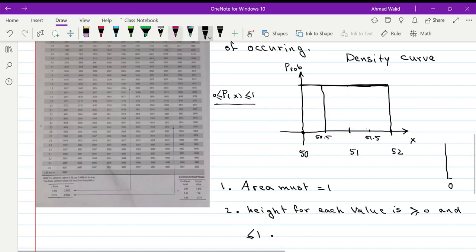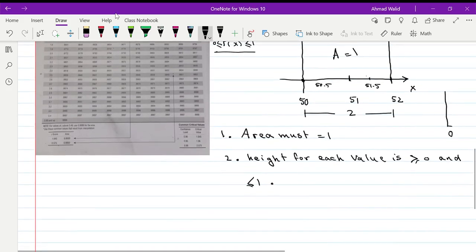Now, my question is, from 50 to 52, I have 2 units, right? Which number should I multiply with 2 to give me an area equal to 1? If you remember the area formula of a rectangle, A equals length times width.